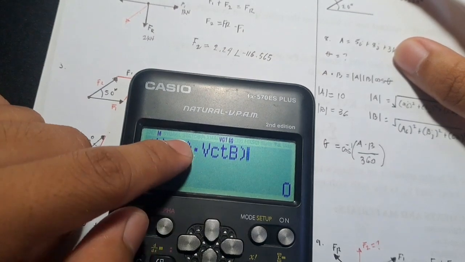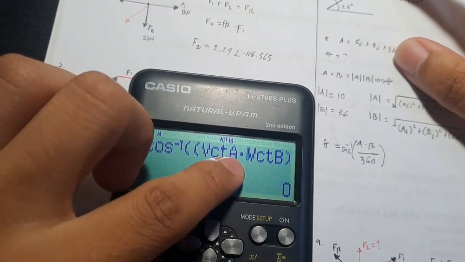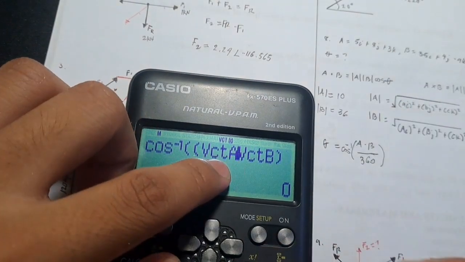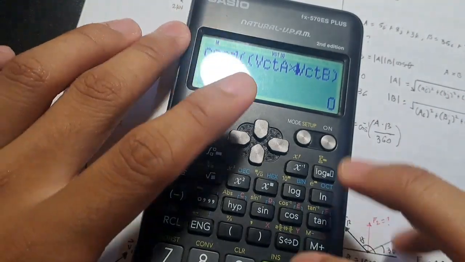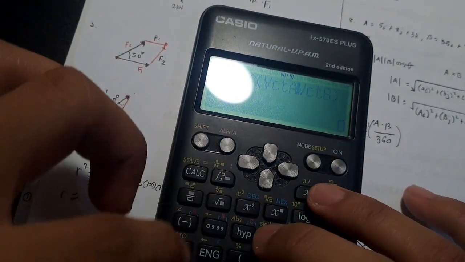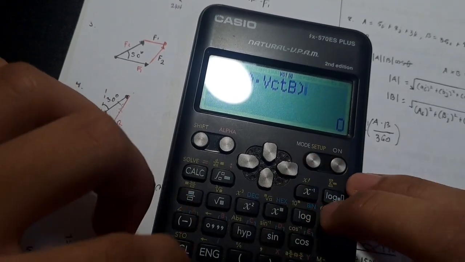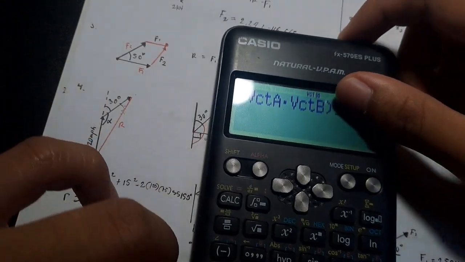So sa case mamaya, or let's say may isa pang case dito, so ito is for dot product, and syempre times lang for cross product. Shift 7. So naka-divide siya by 360.